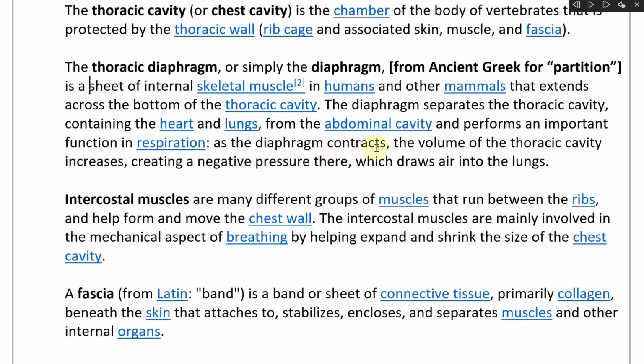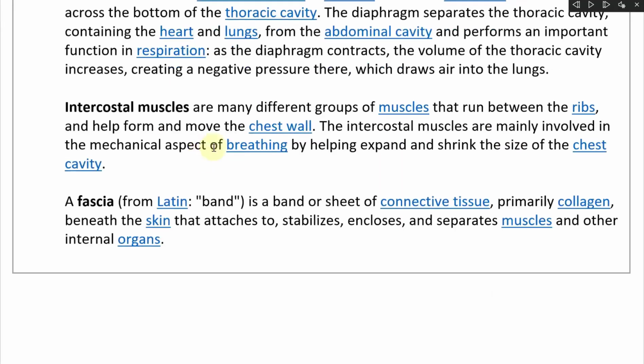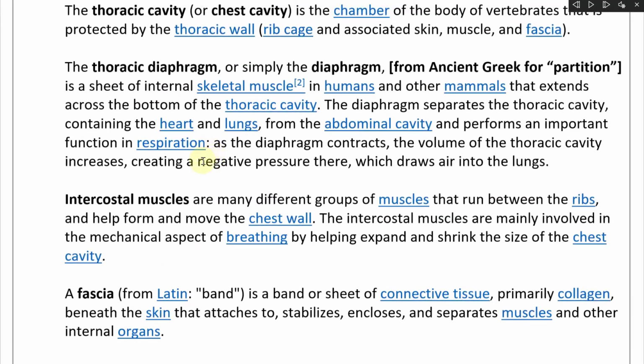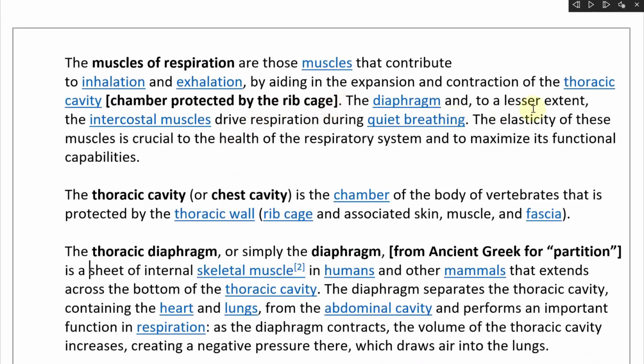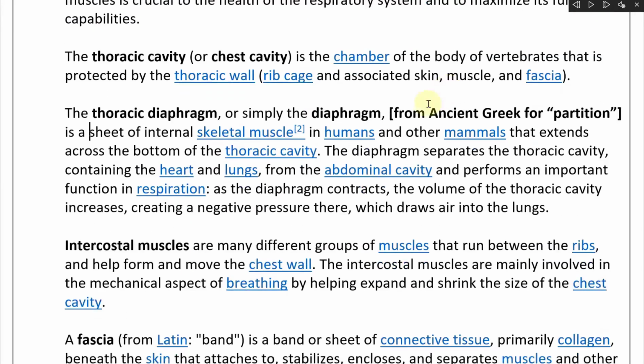As the diaphragm contracts, the volume of the thoracic cavity increases, creating a negative pressure there, which draws air into the lungs. And the opposite is when it expands, and then you have increased pressure, so the air gets out. And the intercostal muscles right here. So the diaphragm, and to a lesser extent the intercostal muscles, drive respiration during quiet breathing.